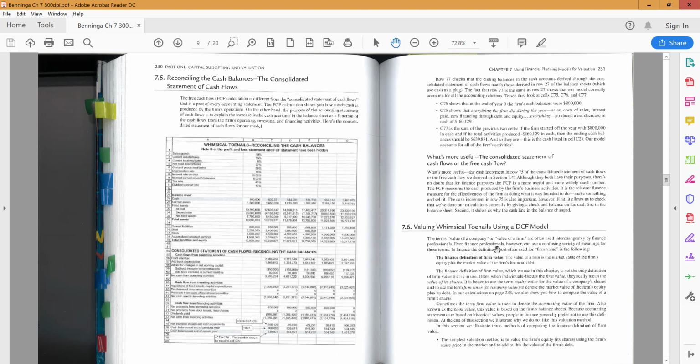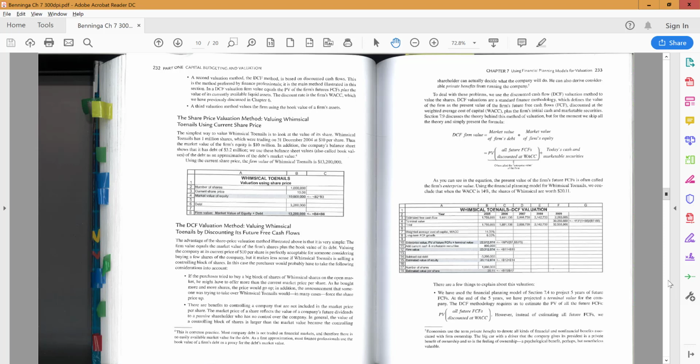Moving on to section 7.6, we're going to use those cash flows that we calculated to discount them and create a DCF model method. And this is a method that you're familiar with, where we forecast out the cash flows and a terminal value, and then we discount those back at the weighted average cost of capital to get to an NPV.